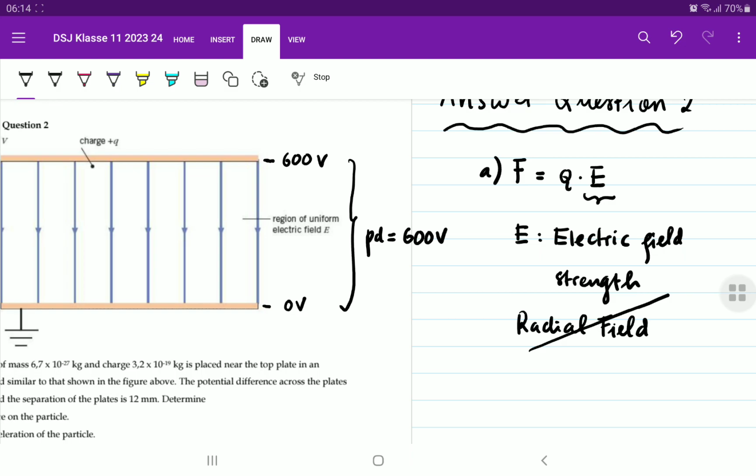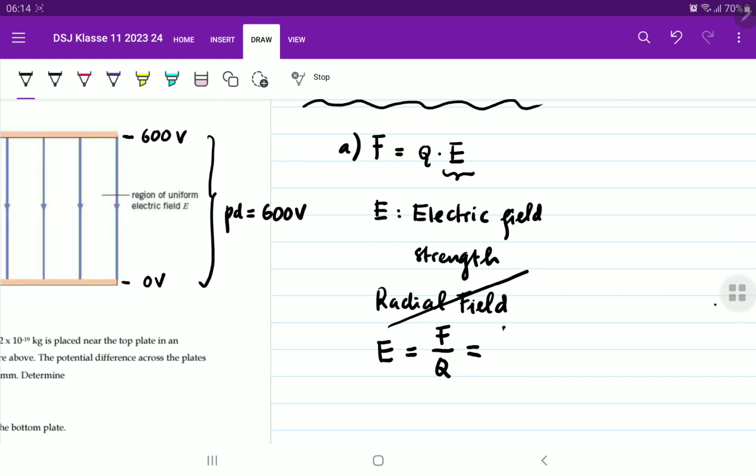For the homogeneous field of a capacitor, the electric field strength is force divided by Q, which is the opposite of the first formula, or it's just the voltage, the potential difference, divided by the distance between the two plates, which makes the problem much easier than the one in the radial field.